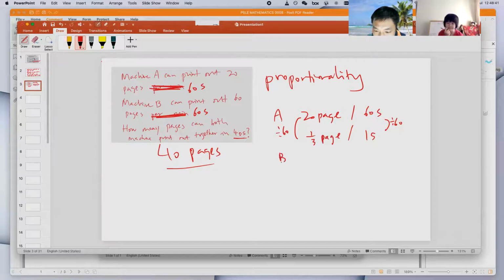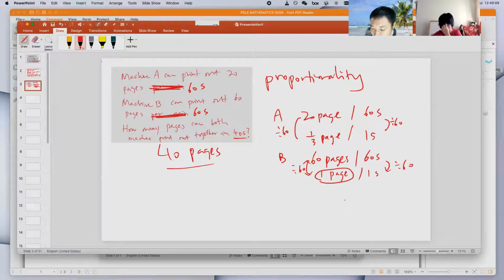Next for B, you have 60 pages per 60 seconds. So for 1 second, you divide by 60 here, so of course the output also needs to be divided by 60. So you get 1 page per second.